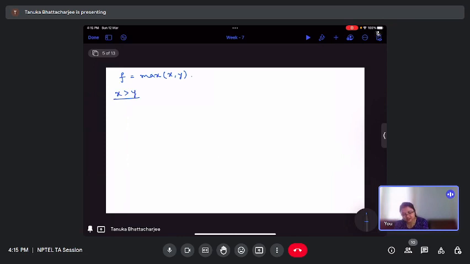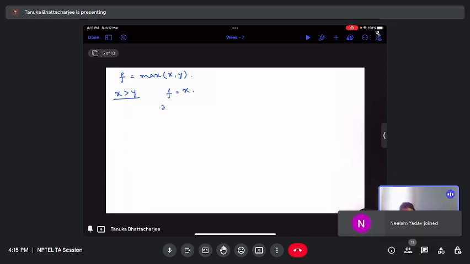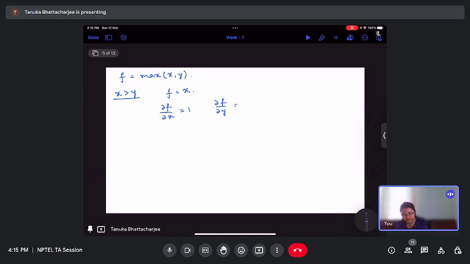If x is greater than y, then your f is equal to x. So, your del f del x is 1 and del f del y will be 0. And when you have x less than y, then your f value becomes y, because now y is the maximum. So, your del f del x now becomes 0 and del f del y now becomes 1.